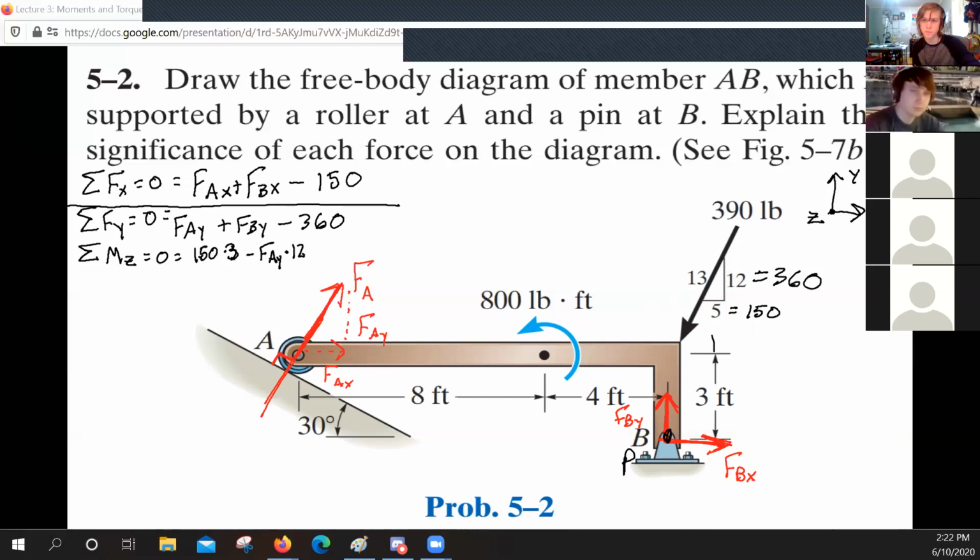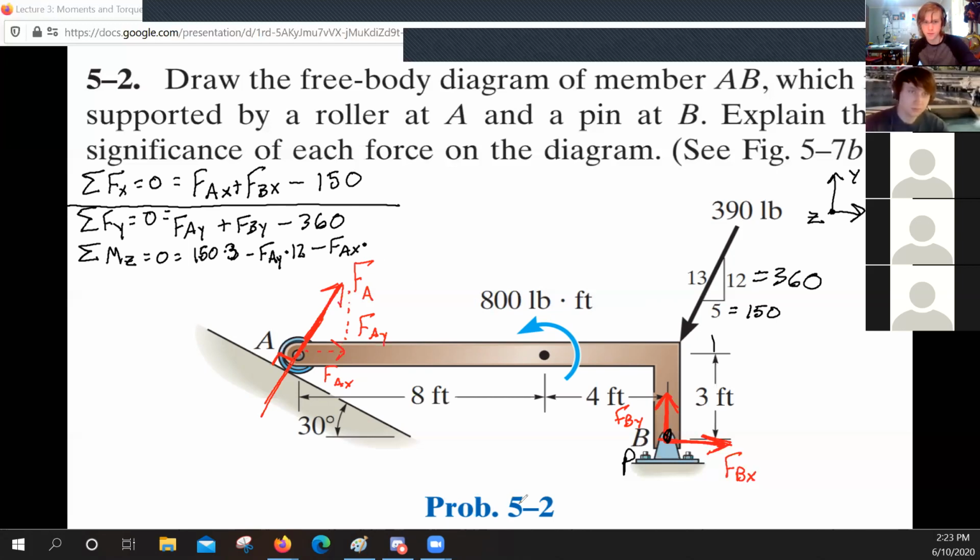FA of X. Yes, the FA of X. Which, if we're putting it in moment, is multiplied by what? I'll give you that it is minus FA of X times something.